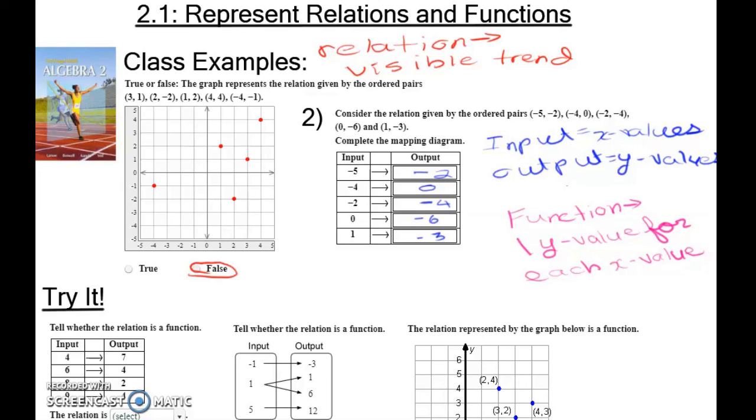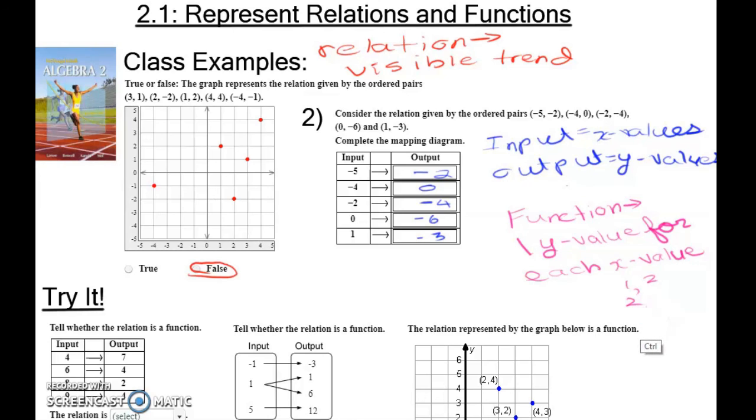So it can be like 1 comma 2, 2 comma 3, 4 comma 5. This would be a function because for every x value there's only one y value.